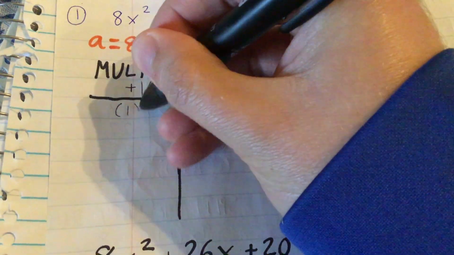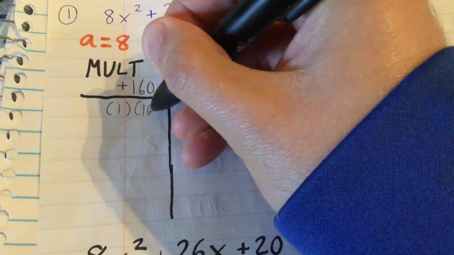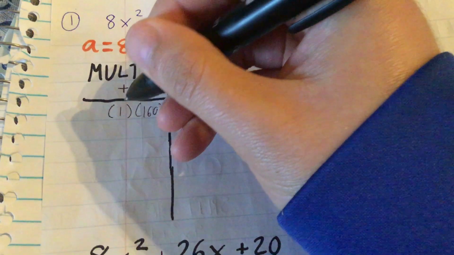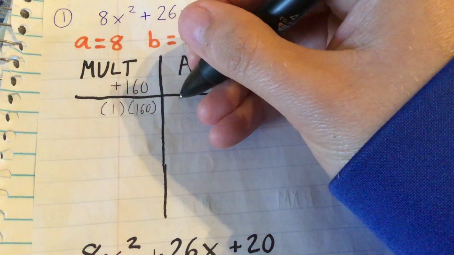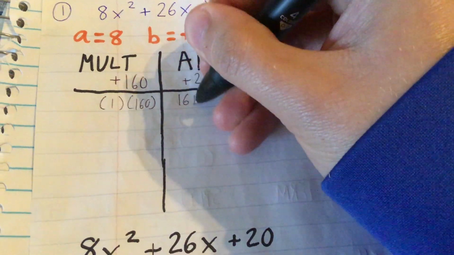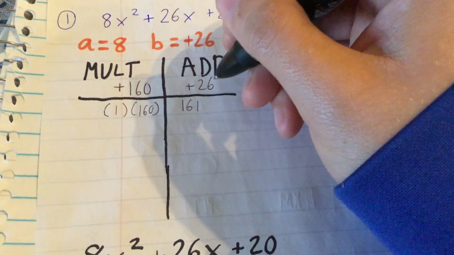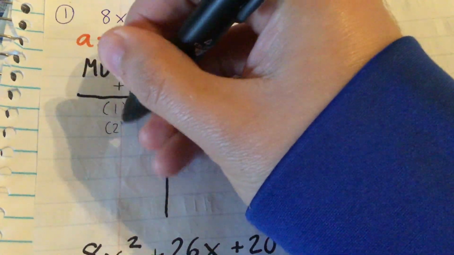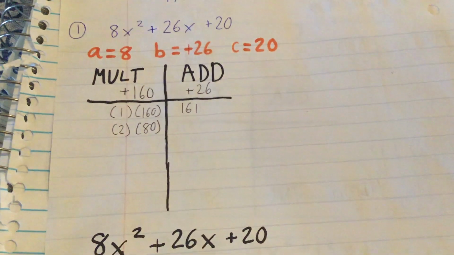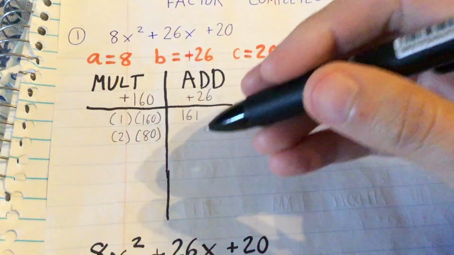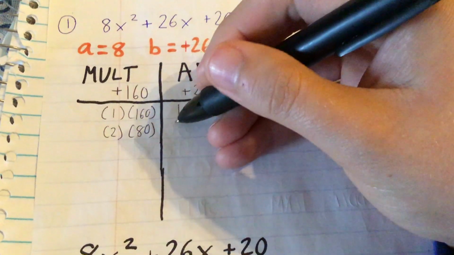Let's start with 1 and 160. 1 times 160 is 160. 1 plus 160 is 161. Well, we've got a long way to go before we get to 26. Okay, but let's try 2 and 80. 2 times 80 is 160. 2 plus 80 is 82.